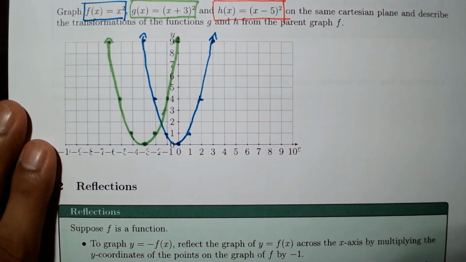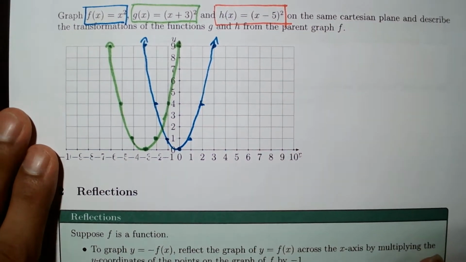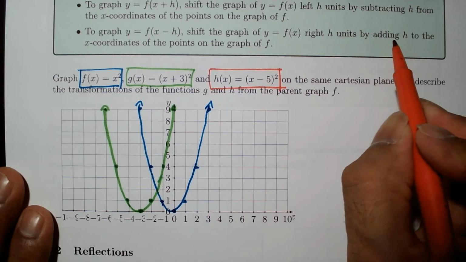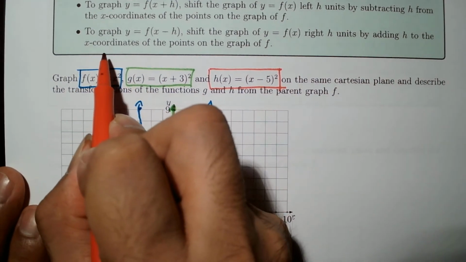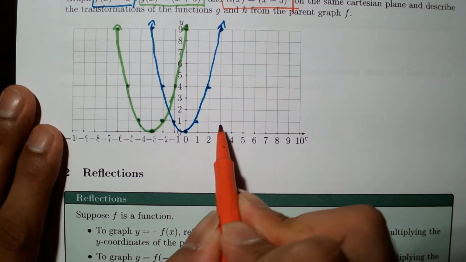Now for the red one, I'm going to do the same, but in this case, this minus 5, as described in the box above, we add h units to the x coordinates. Okay, so the x coordinates, in other words, we add 5.